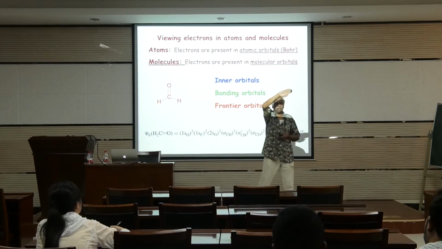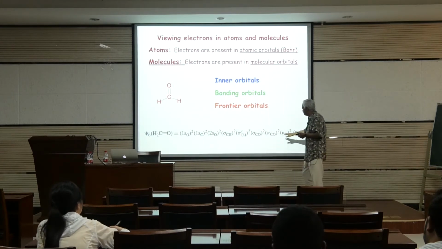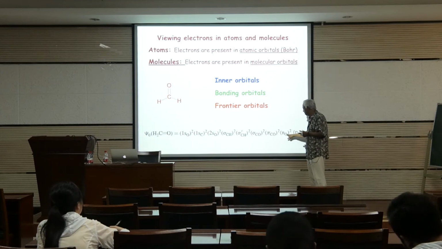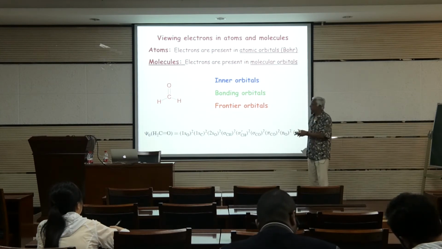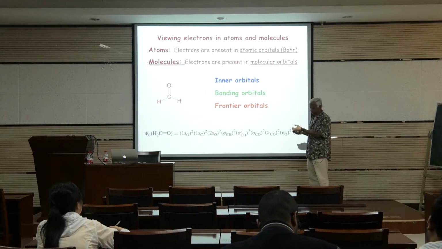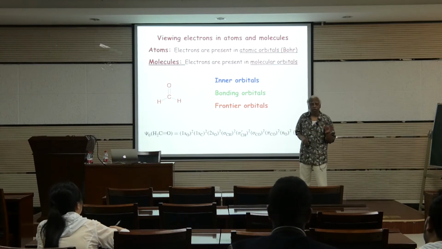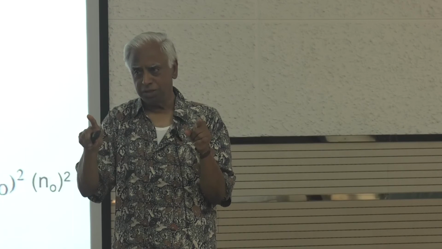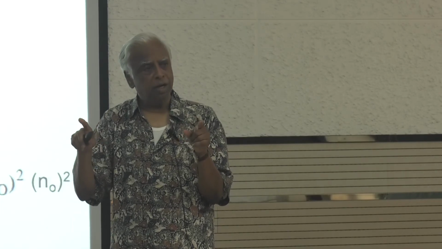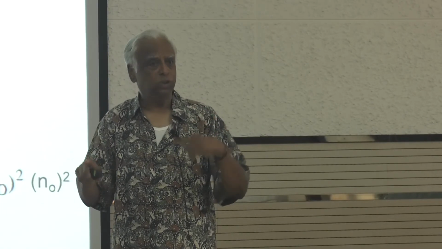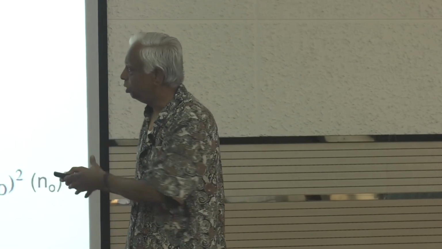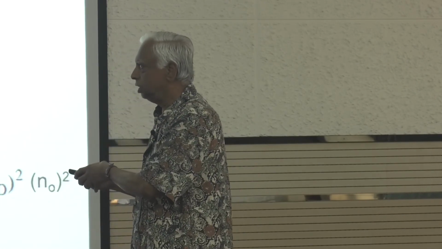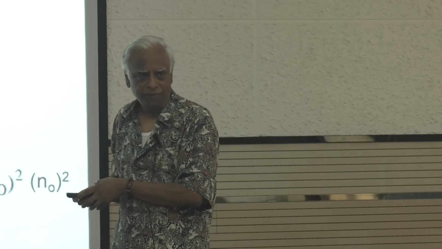What is getting affected is the outer shells. The outer shells are the pi orbitals and the n orbital. Look at this carbon-oxygen bond: it is a double bond. Double bond means there is a carbon-oxygen single bond, which is a sigma bond, and a carbon-oxygen pi bond. So there is one bond, two bond, single and double.